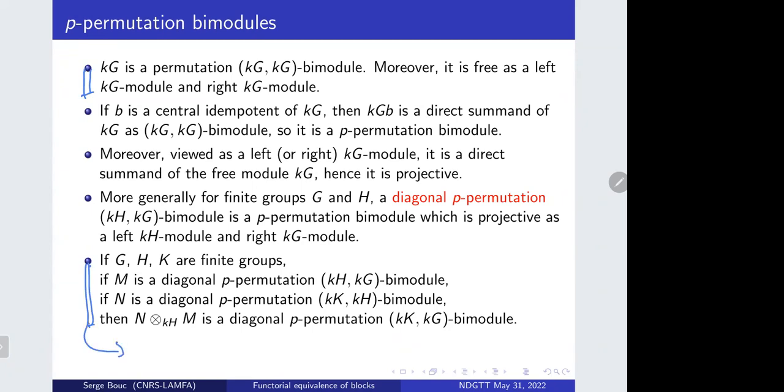The last one tells us that perhaps we could have a composition in some category using these bimodules. And the first one tells us that we can have an identity endomorphism of G using KG, which is indeed an identity for this tensor product over KG. And this is what we will do now.